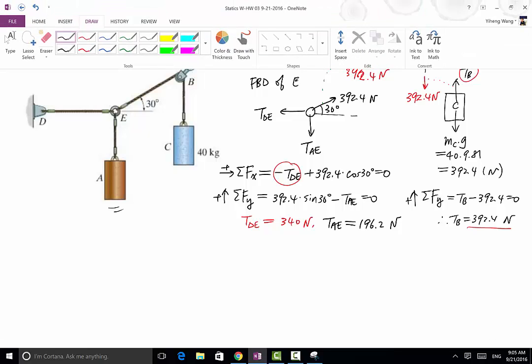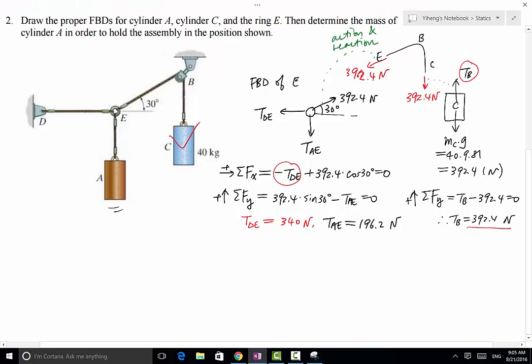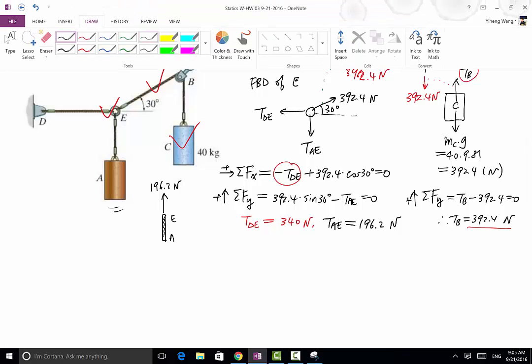So now what we've done is we have drawn the free body diagram of cylinder C, we have analyzed the cable CBE, and we have drawn the free body diagram of the ring at E. If we draw a very quick free body diagram of the cable AE, because of action and reaction, this force also equals TAE, which is 196.2 Newton. So these two forces are also action and reaction.